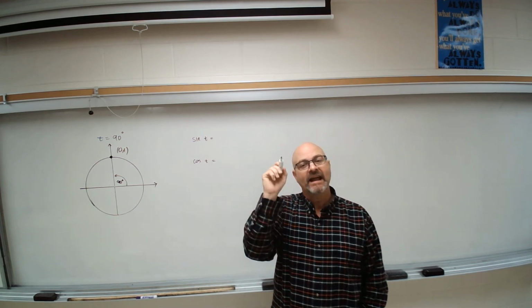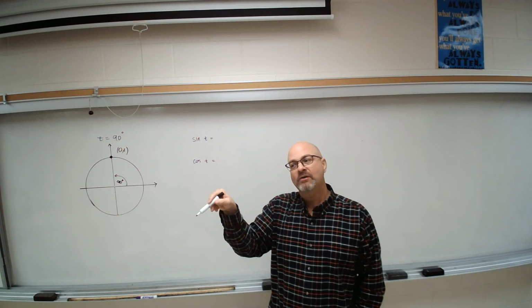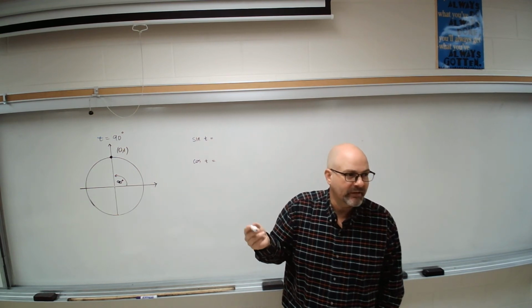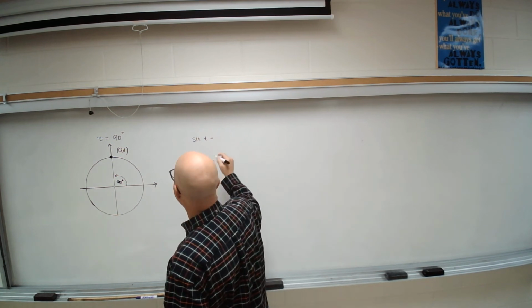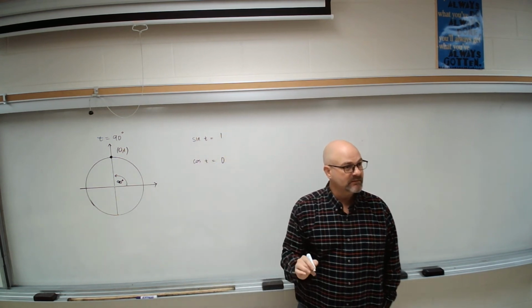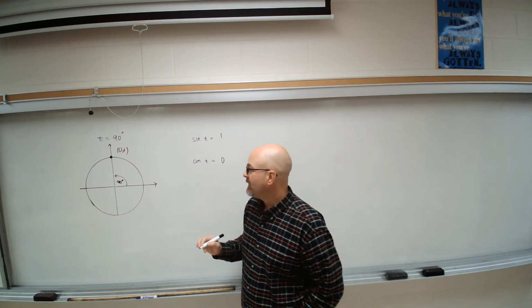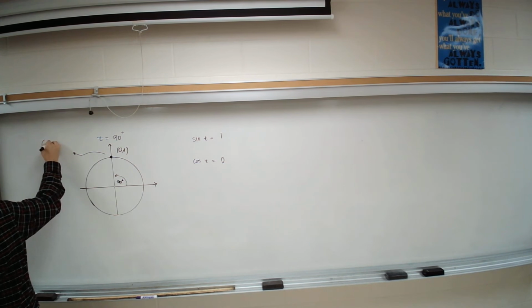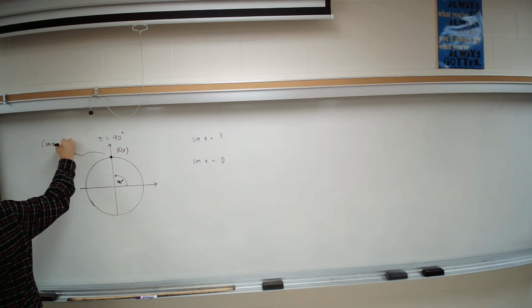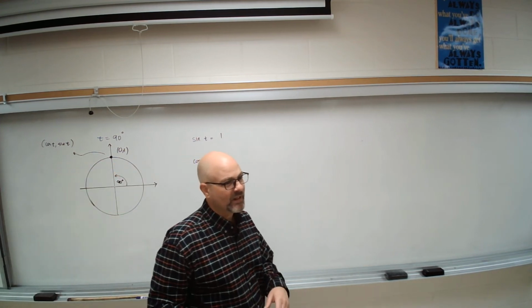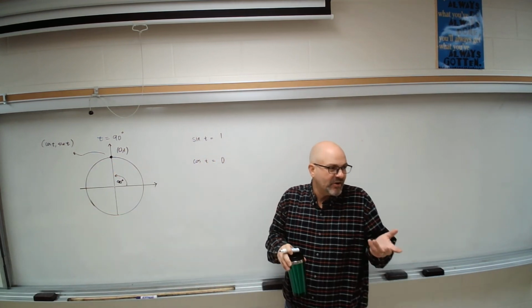I always remember x comes before y and cosine comes before sine, alphabetically. I don't know how I always think of it. So we get the sine as 1 and we get the cosine as 0. A lot of times you'll even see a terminal point written as cosine t, comma, sine t. Right? That's the activity we stopped halfway through last week, what it was trying to show you.